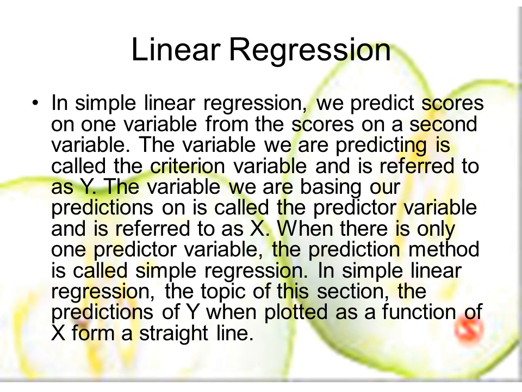The variable we are basing our predictions on is called the predictor variable, and it is referred to as x. And so remember, x is going to be our horizontal, y is going to be our vertical on the scatter plot. When there is only one predictor variable, the prediction method is called simple regression. In simple linear regression, which is the topic of this section, the predictions of y when plotted as a function of x will form a straight line.